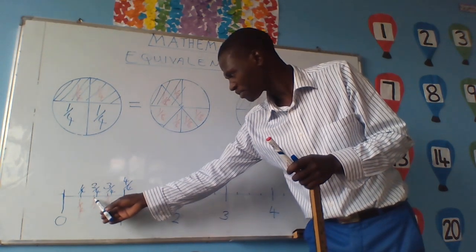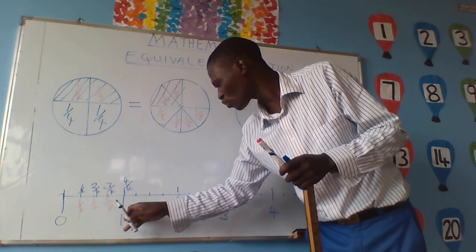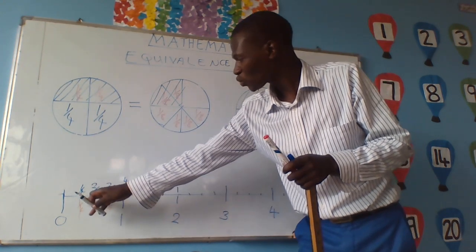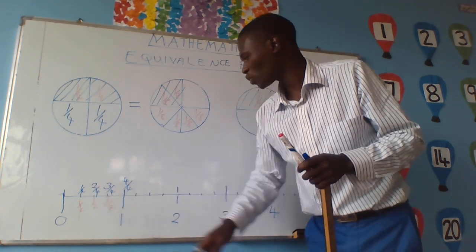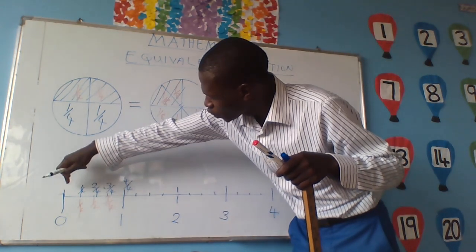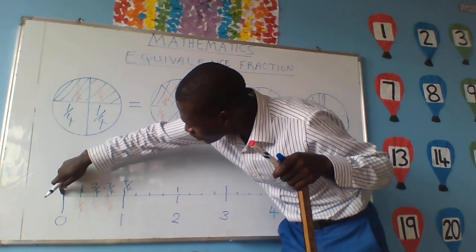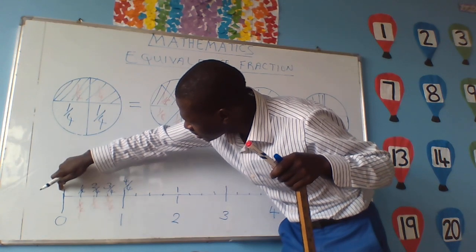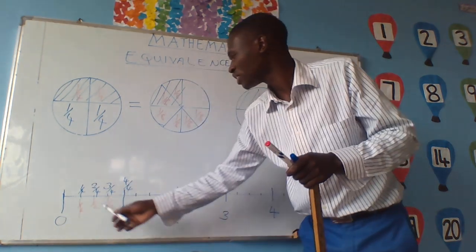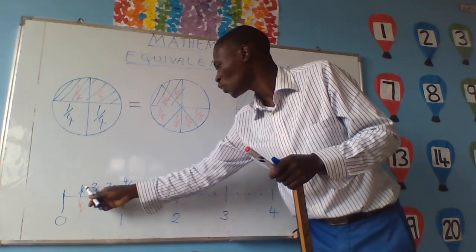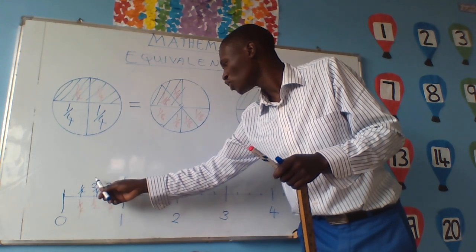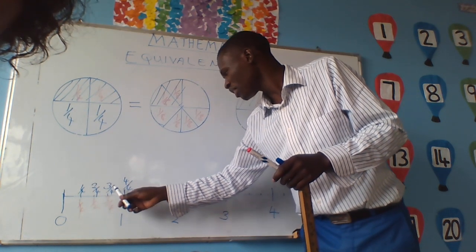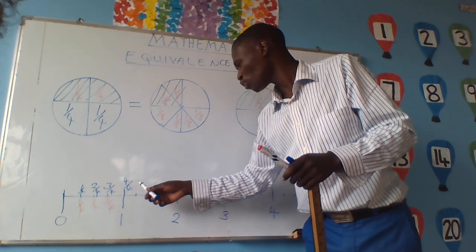If we count from 0, it will be 0, 1 out of 4, 2 out of 4, 3 out of 4, 4 out of 4.